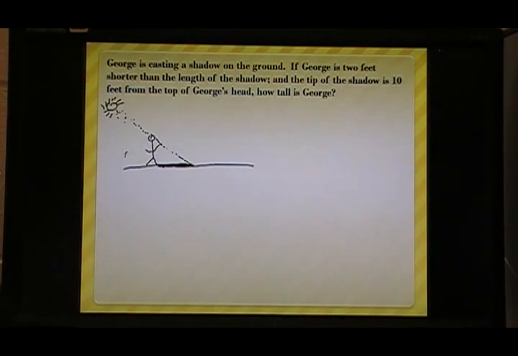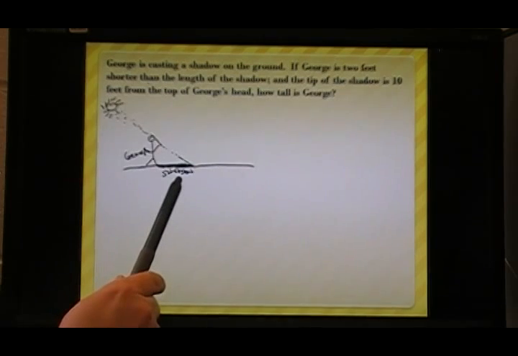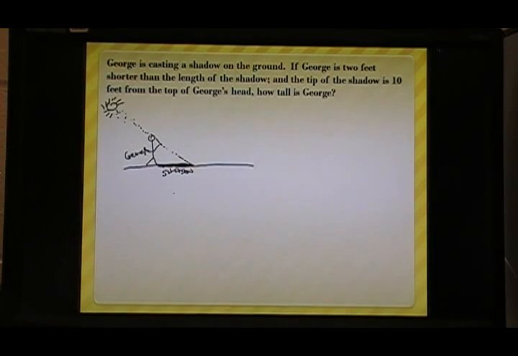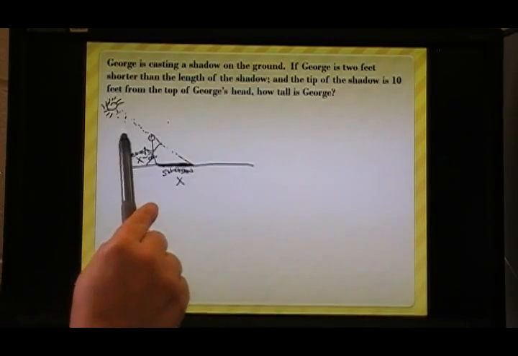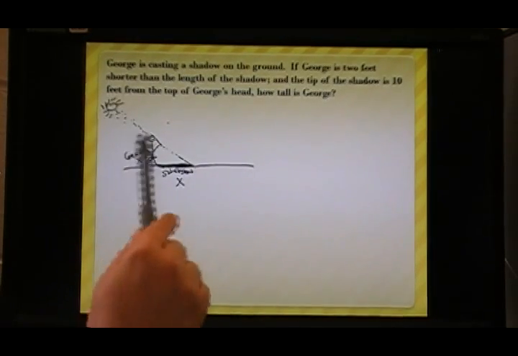So we have George, we have his shadow. And George, we're told, is 2 feet shorter than the shadow. So if I let x be the length of the shadow, then George is going to be 2 feet less than that. So it'll be the shadow length minus 2. If you wanted to, you could also let x be George's height.